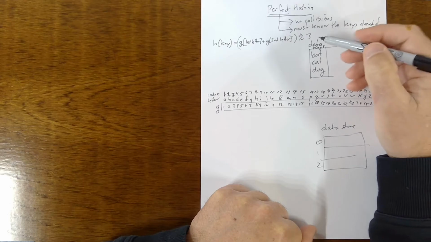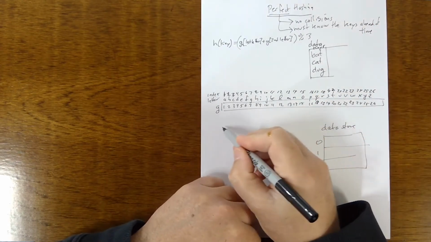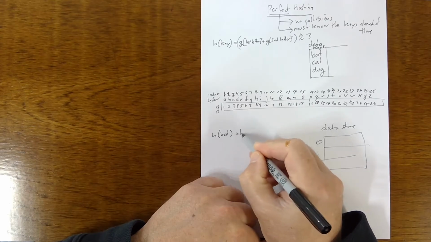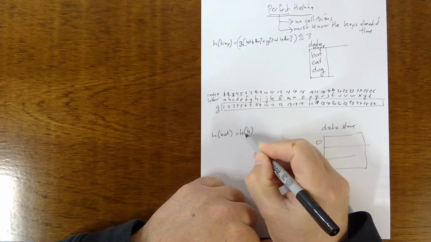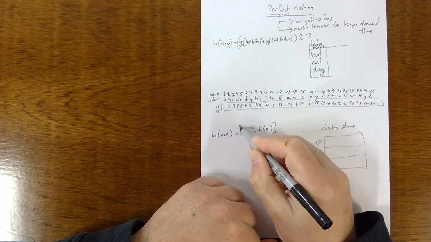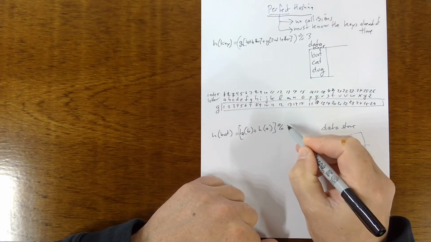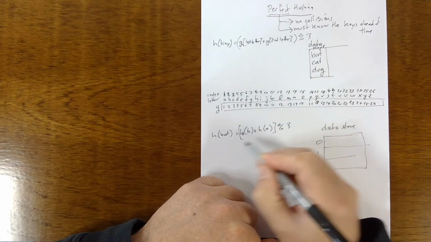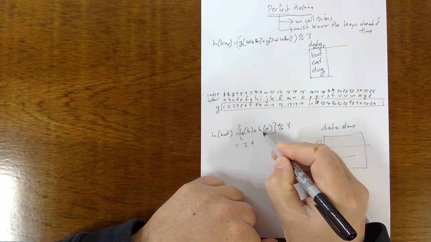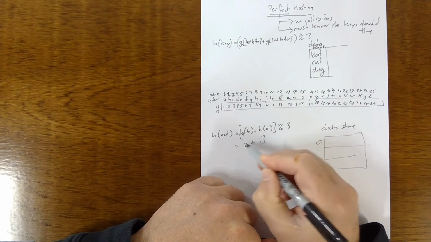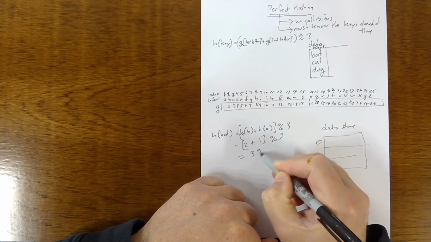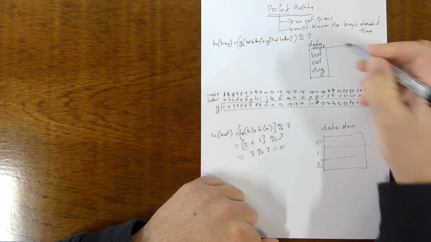So let's do these calculations. H of bat is going to be G of B plus G of A, the whole thing moduloed by 3. So it's B is 2 plus A is 1, so it's 3 modulo 3, or 0.